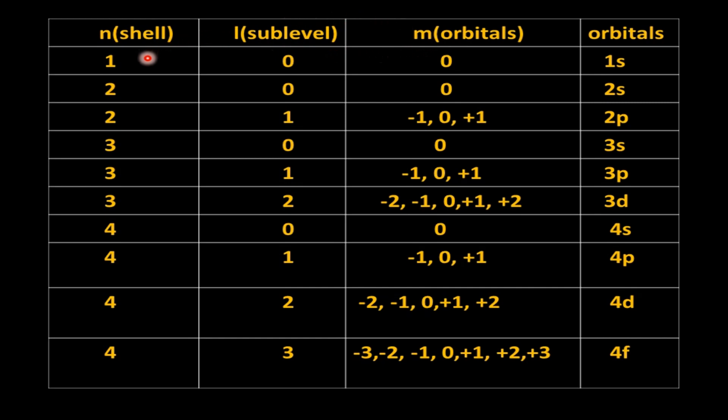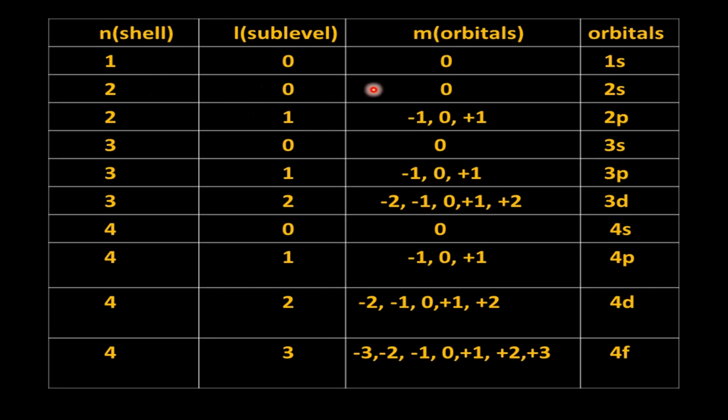For the first energy level, that's n equals 1, we only have one subshell, which is the s subshell, and l is 0, that is the azimuthal value. And this s subshell only has one orbital, and the name of the orbital is 1s. For the second energy level, we have two subshells, the s and the p.